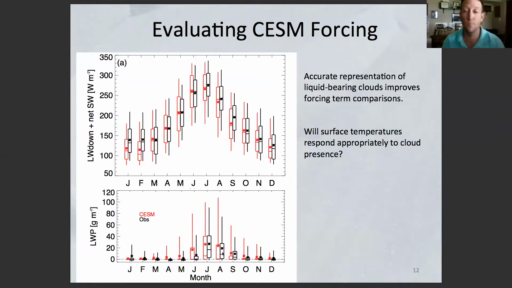But I guess the next question would be, how would the other terms respond to these changes and improvements in the forcing, and how will the surface temperature respond to changes in these forcing terms?